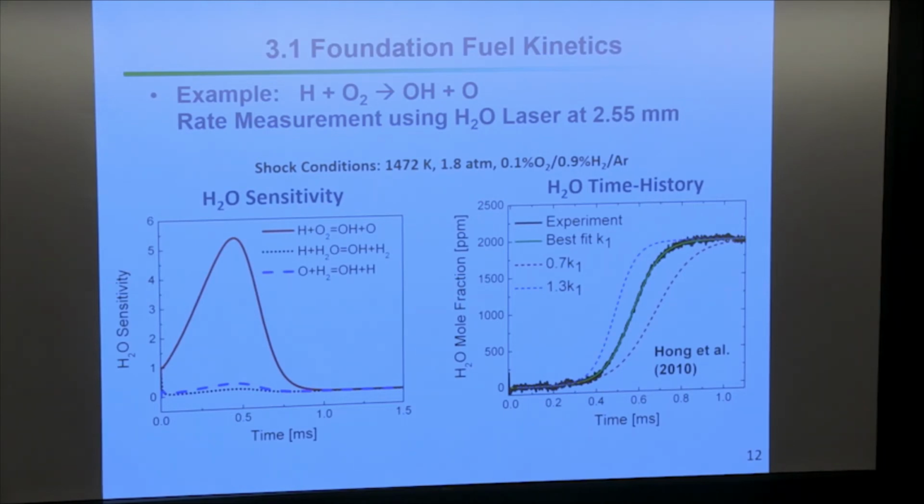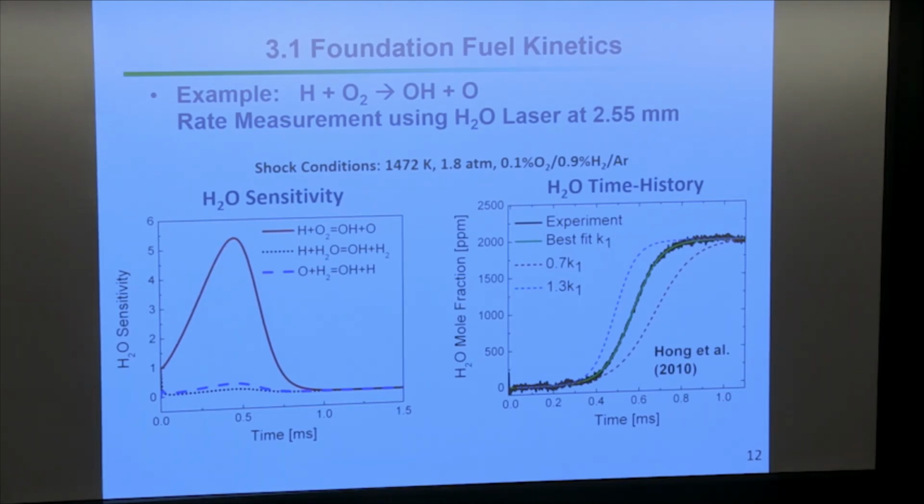Here's an experiment in which he measures the time evolution of water. You shock heat this mixture of hydrogen and oxygen, and then you begin to form water. If you do the simulation and you vary that rate coefficient by 30%, it's very different from what you measure. So this is looking very good, that we've stumbled on something.